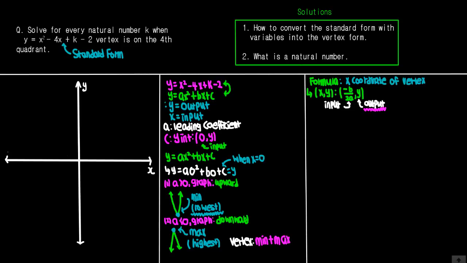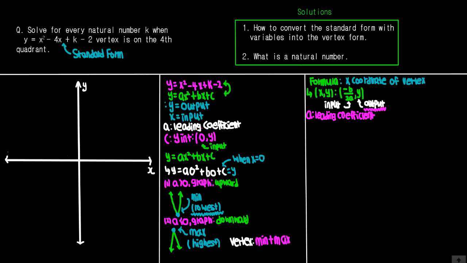Let's think about what a and b are. a is the leading coefficient of our quadratic function, the same thing we talked about in review, which defines the type of our graph.